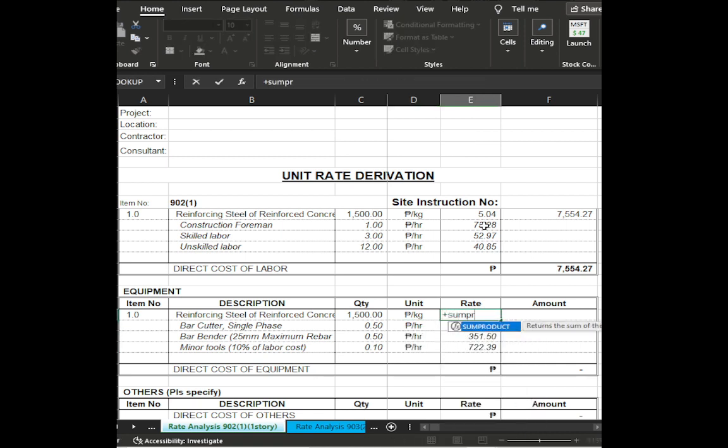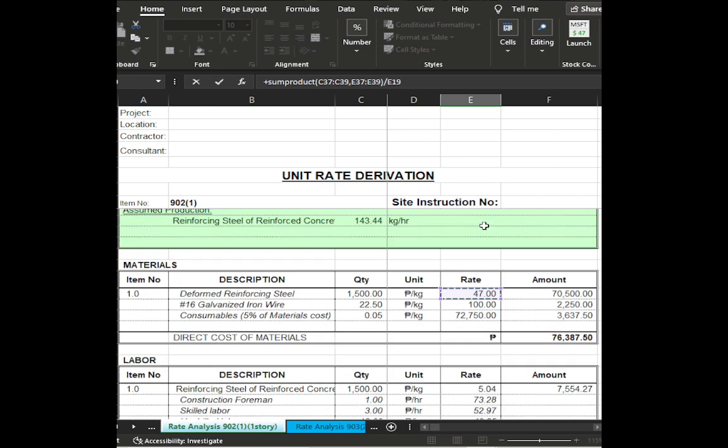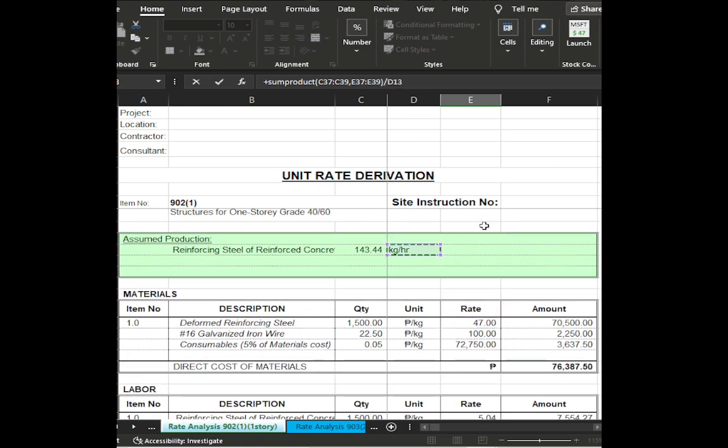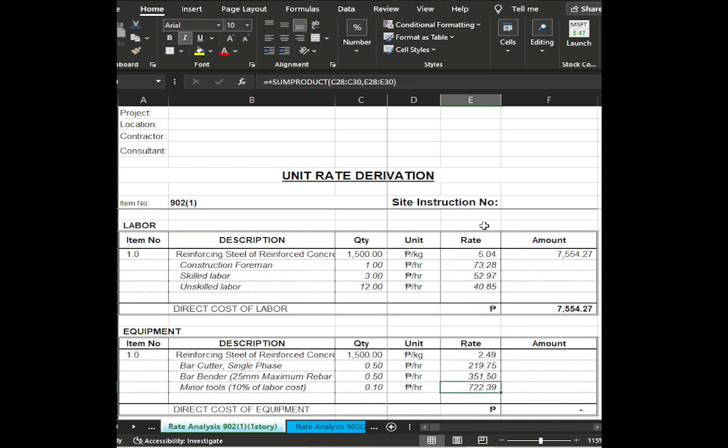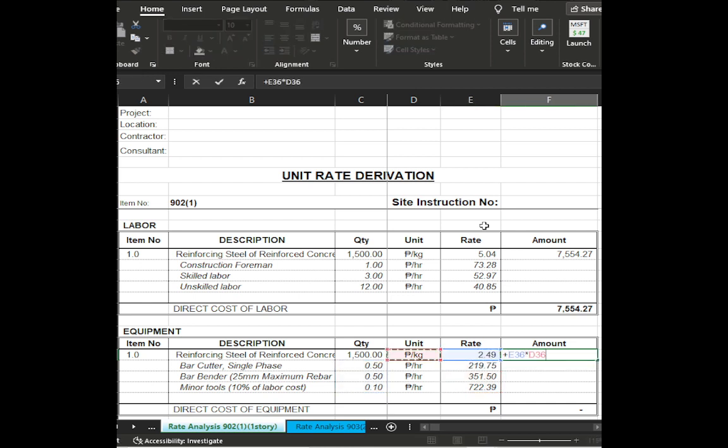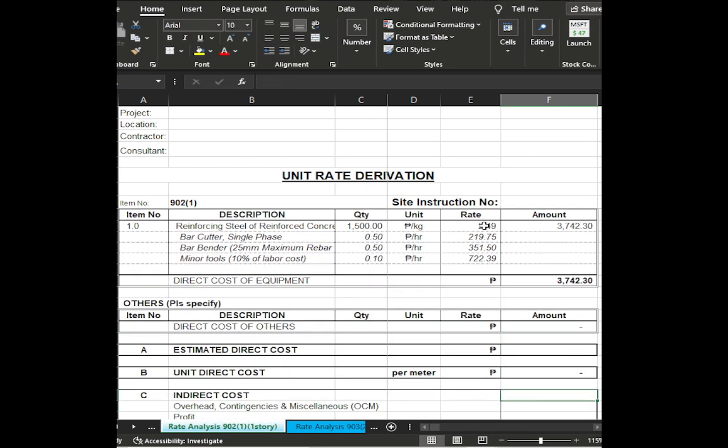So sum product again, guys, to get the unit per kilogram, a piso per kilogram of reinforcing steel for equipment. This one to the rate divided by the same procedure, guys, reinforcing steel assumed production, okay, 2.49 peso per kilogram, only 2.49. So the total for 1,500 kilogram is only 3,742.